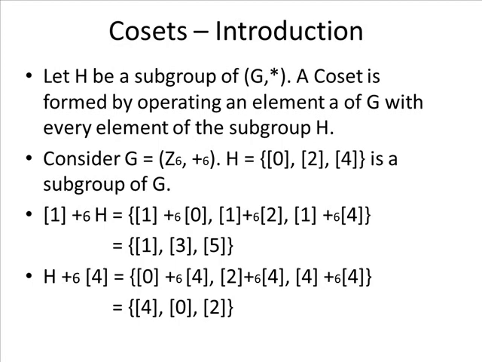I add this element from the left. There is also the other possibility where you add the element from the right. So I've added 4 to every element of H, but this time the addition happens on the right. So 0 plus 4, 2 plus 4 and 4 plus 4 give you that subset having 4, 0 and 2.